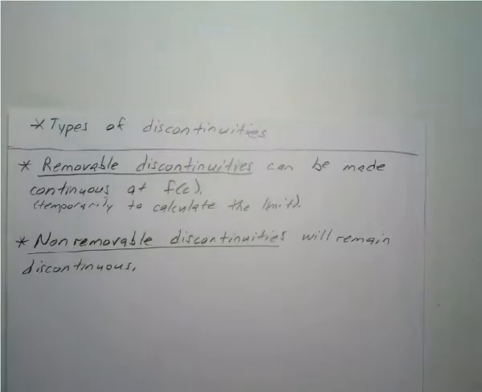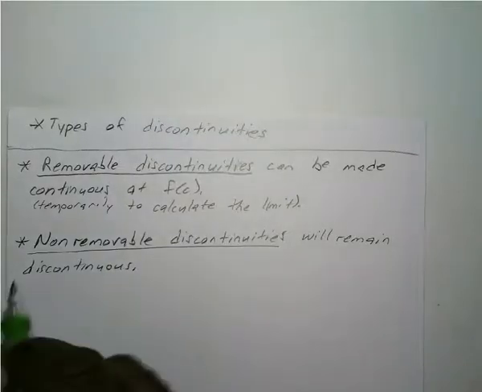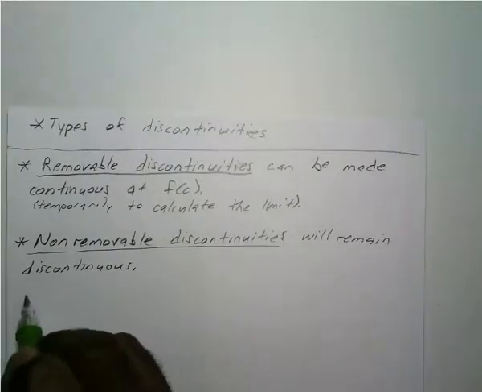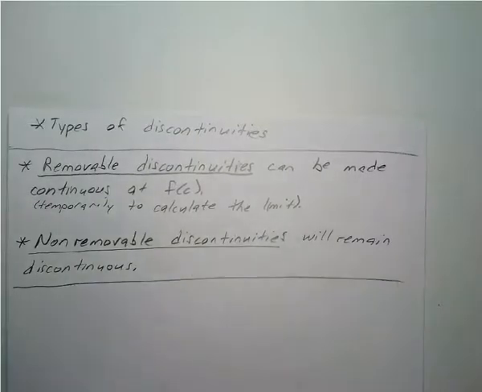Okay, that just means that you cannot manipulate that equation in any way to somehow make it continuous, even temporarily, to find the limit. All right. So let's do a few examples.